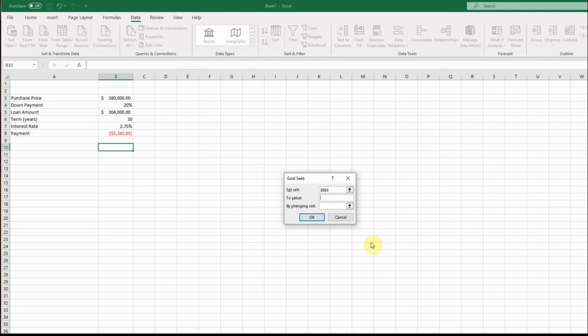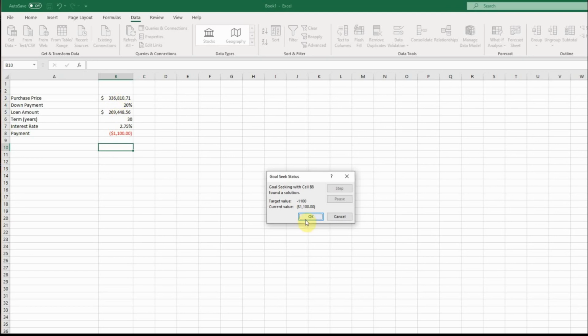Let's say we want to get our payment down to $1,100 in total. In order to do that, we're just going to change our purchase price this go around. Then you just hit OK, and it'll change it so you get 1,100. This is the purchase price that you would need with a 20% down payment.